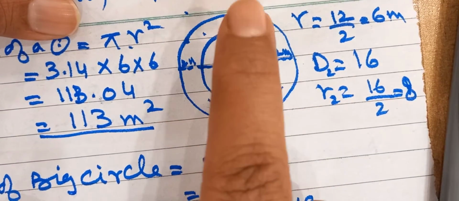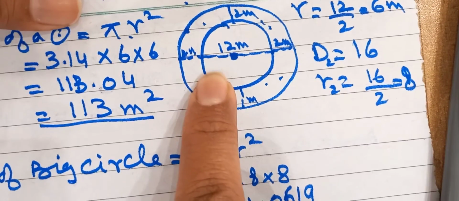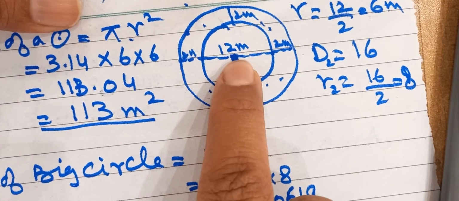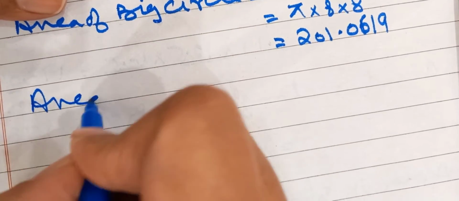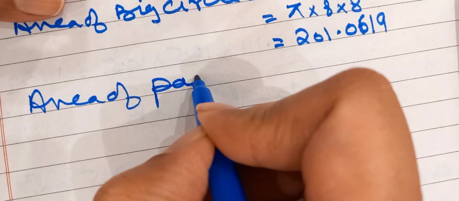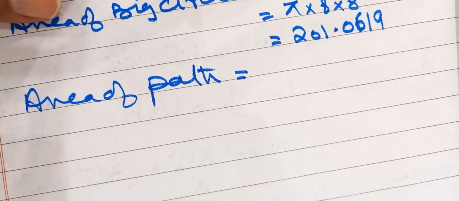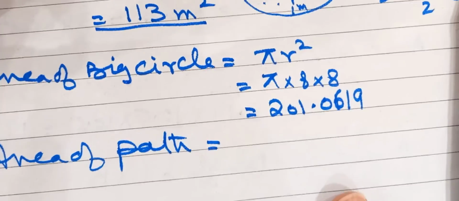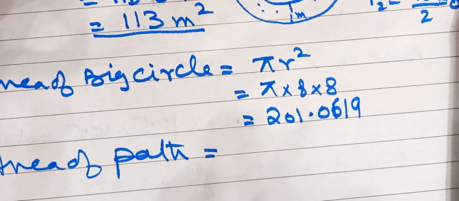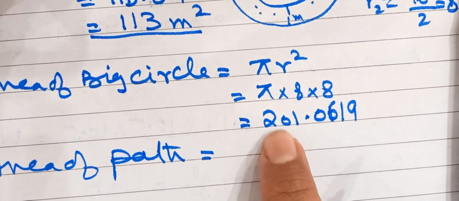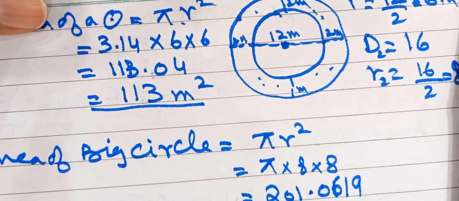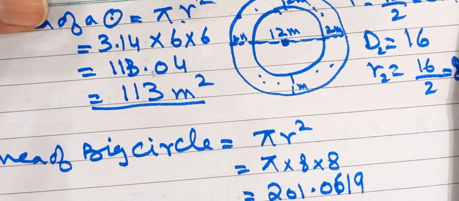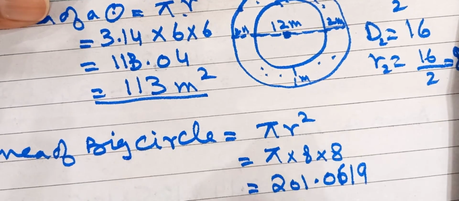So to find the area of the path, I am going to subtract this inner area from this outer area and get the required result. So area of path is equal to the area of the big circle minus the area of the inner pond.